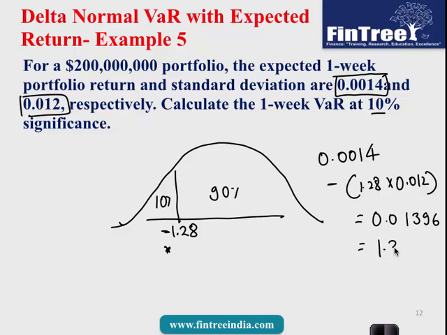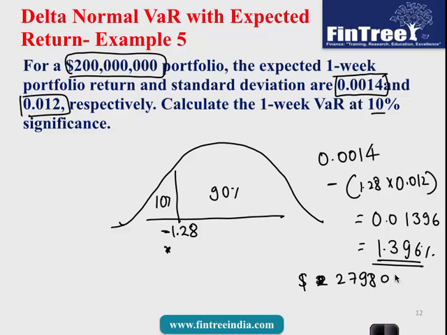So that's about 1.396 percentage, correct? And that you multiply with 200 million, and that will give you the amount, 2792,000. Fine. Are we good to go ahead now?